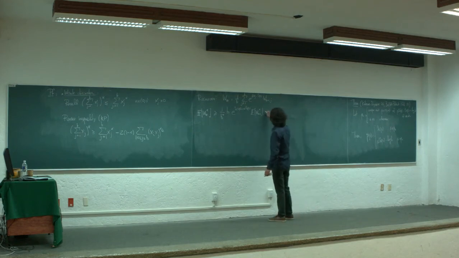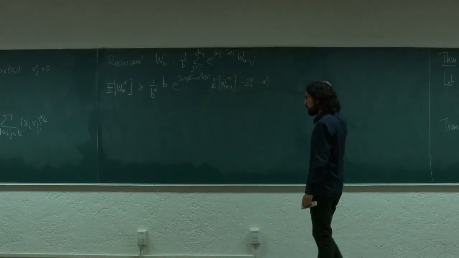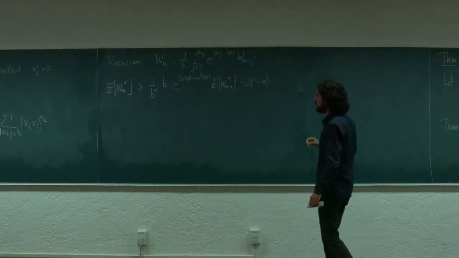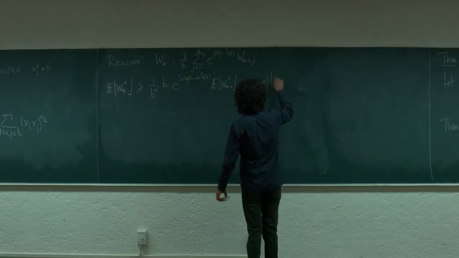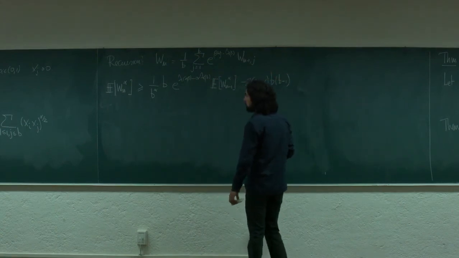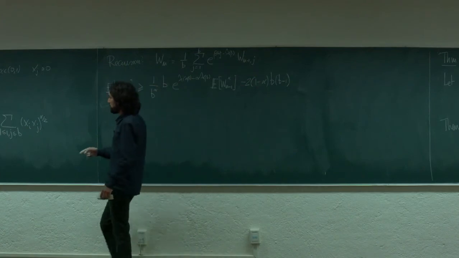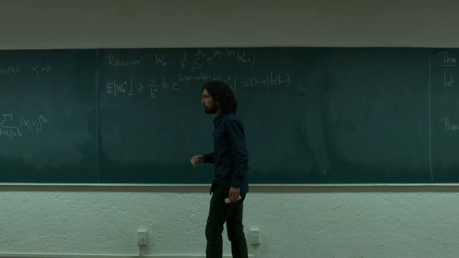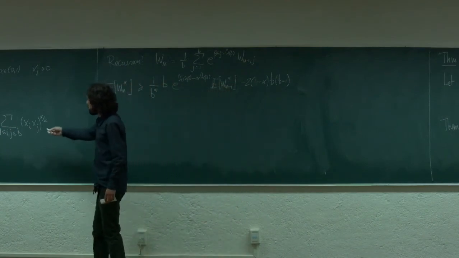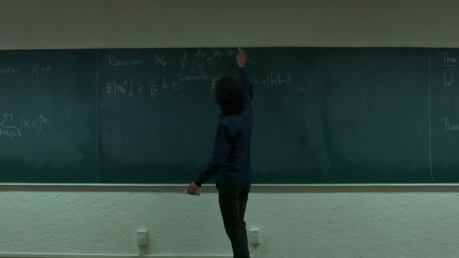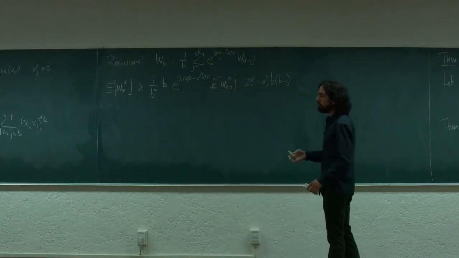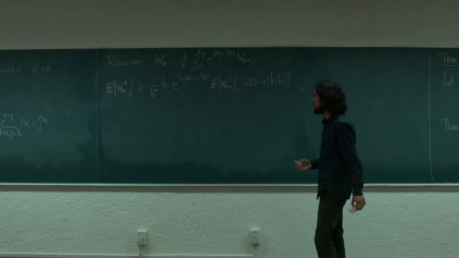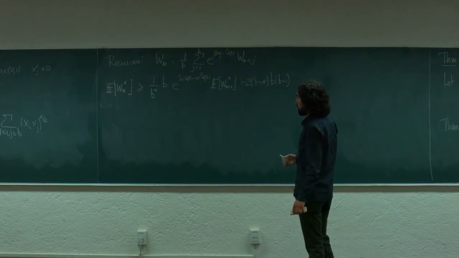Then comes the rest. So you have 2 to the 1 minus alpha. Then again, all these terms have the same distribution. They are b times b minus 1 of them. And then we have to integrate these cross terms that are independent. So each of these X_j will be one instance of this random variable. When you integrate 2 of them, it's just the product of the expected values.